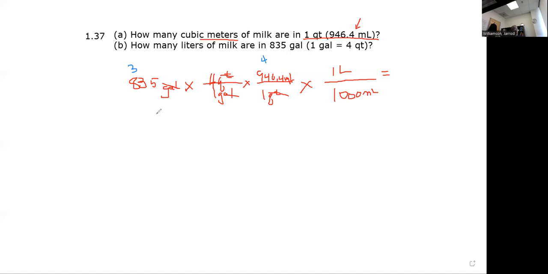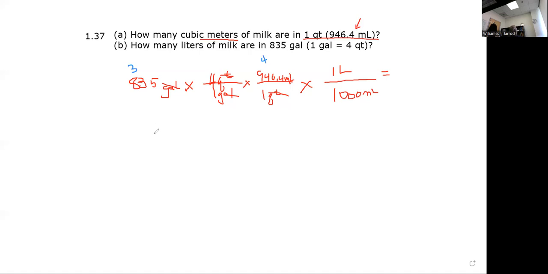I'm going to go 835 times 4 divided by 1 times 946.4 divided by 1, and then times 1 liter divided by 1,000 milliliters.